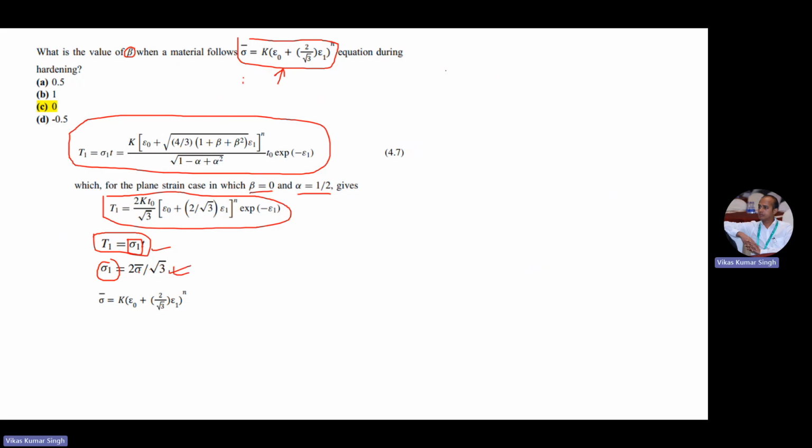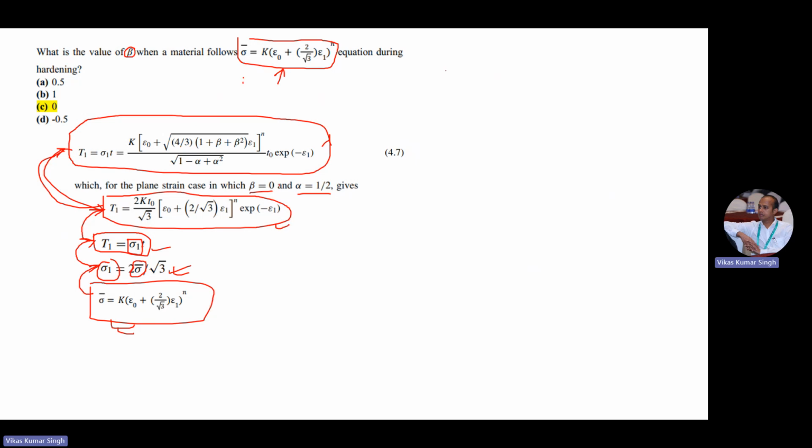If we separate sigma 1 and sigma bar, it comes in this form. We are doing a step by step back calculation: from this formula we get sigma 1, from sigma 1 we get T1, and we stop here.